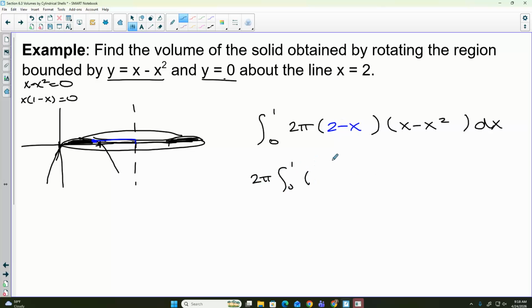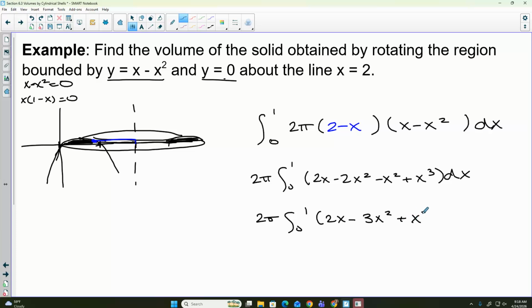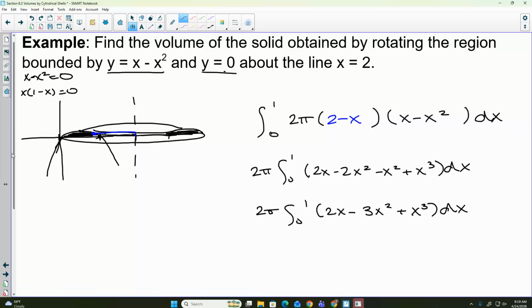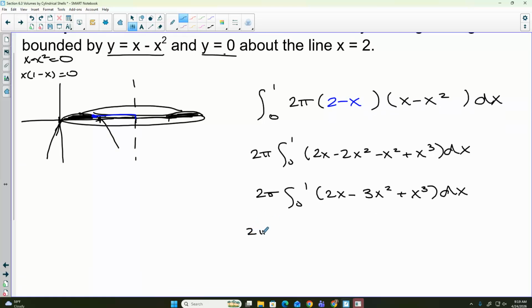So if I FOIL, antiderivative of 2x would be x squared.